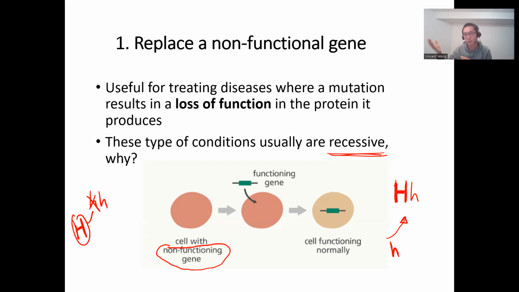The functional gene is recessive in this case, so it will get covered up by the big H. It doesn't matter how many normal copies you deliver, the big H is going to suppress all of them, and it's not going to work. Okay, so for replacing a non-functional gene, typically these conditions have to be recessive. If it's a dominant situation, you have to find a way to knock out the dominant copy before you deliver the functional copy.